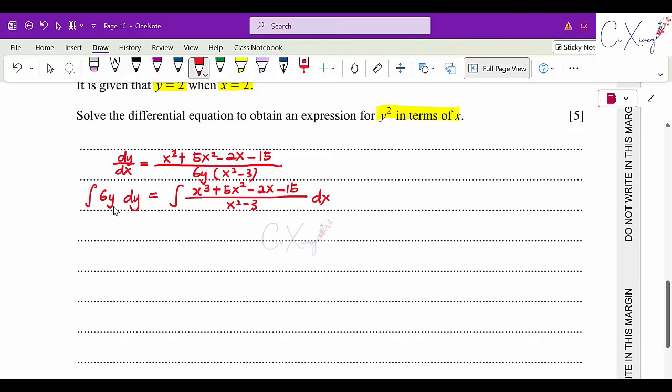Okay, then to integrate this term, basically it's not a big problem because it's a simple integration. Maybe for this one, it will be a bit more complicated, because it looks like a complicated fraction where you're having a long polynomial on top and also the x squared minus 3 at the bottom. But if you try to have a look, it means that it is x cubed plus 5x squared minus 2x minus 15 divided by x squared minus 3.